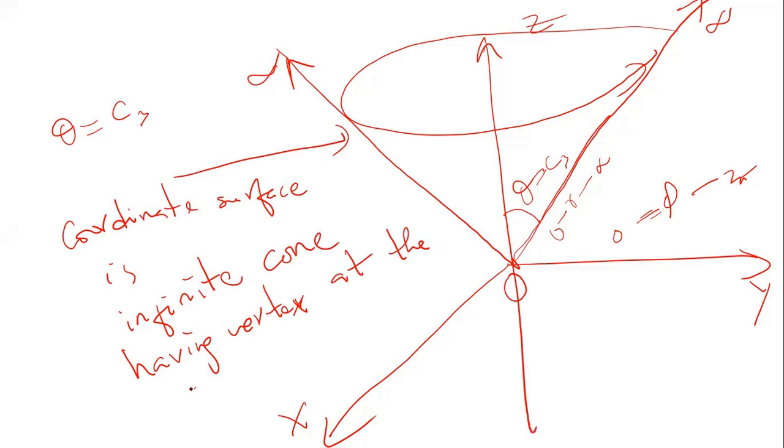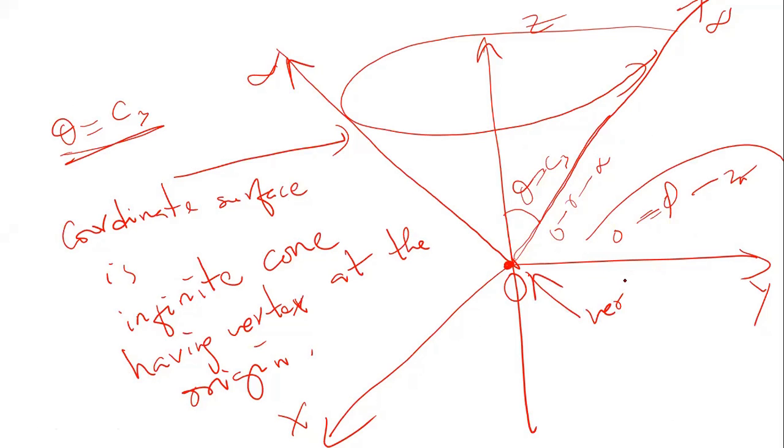This is the origin. Here, if you can vary your r value from 0 to infinity, and your phi value from 0 to 2 pi, if you fix the value of theta, you will get an infinite cone having its vertex at the origin. This is the vertex of the cone.